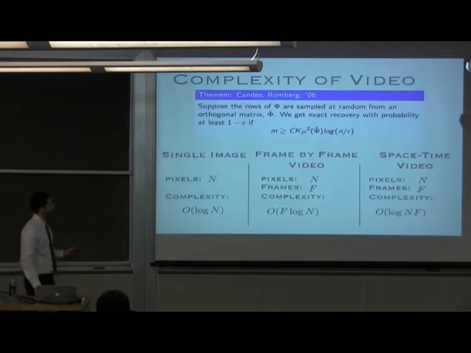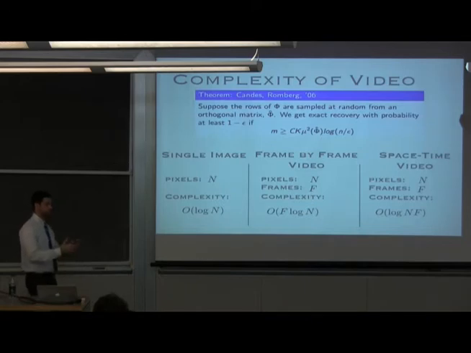way to go. The theory says that if you have an n pixel image, you can reconstruct using only log of n pixels. Well, if each frame has n pixels, each frame is reconstructed using log of n pixels. If you did a frame-by-frame reconstruction, you would need log of n pixels for each frame. So the number of pixels you need is f times the log of n.